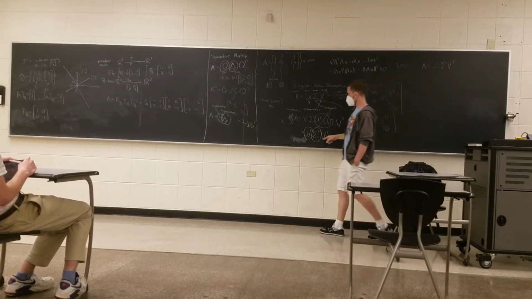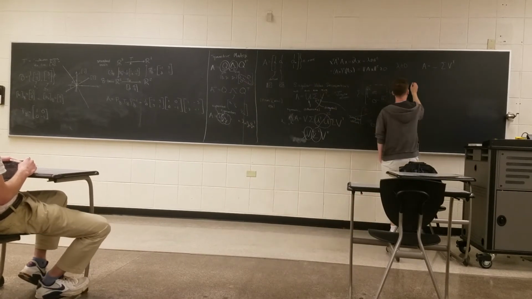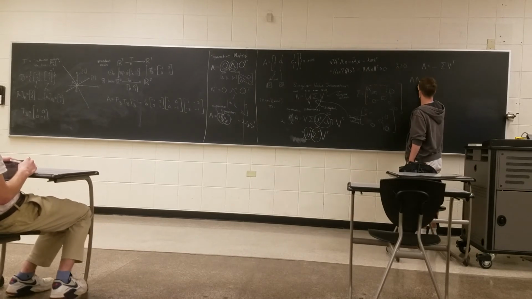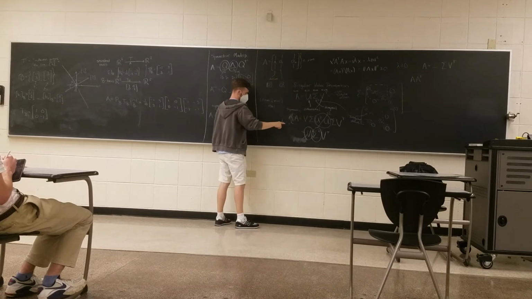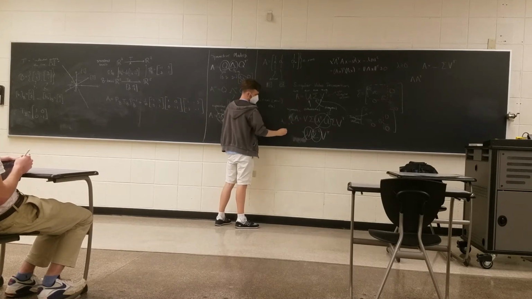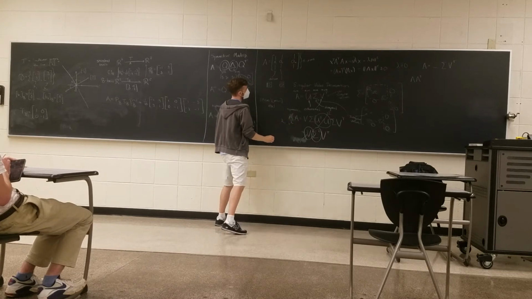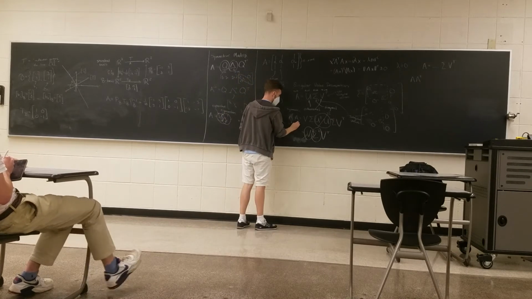So instead of looking at A transpose A, I'm going to look at A A transpose. I should go back here and say that A transpose A is n by n, not m by m.